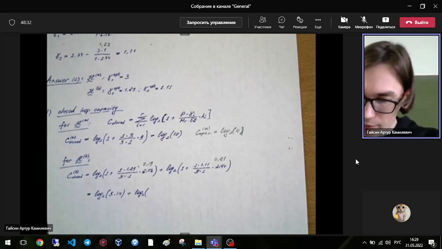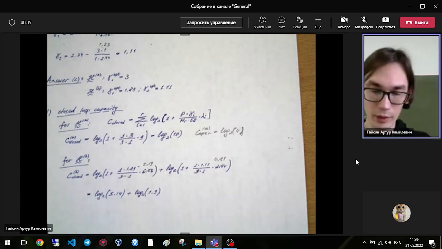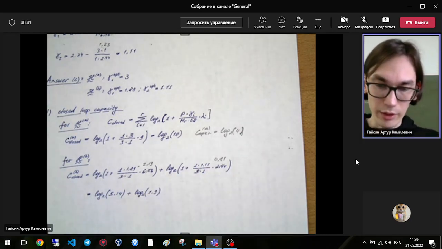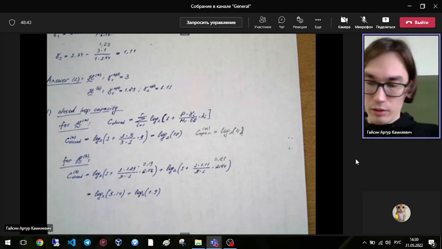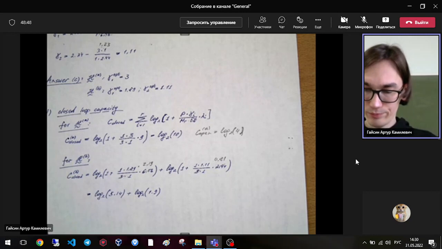So it is something like 1.9. Maybe let's do it as before, logarithm base 2 of 4.14.